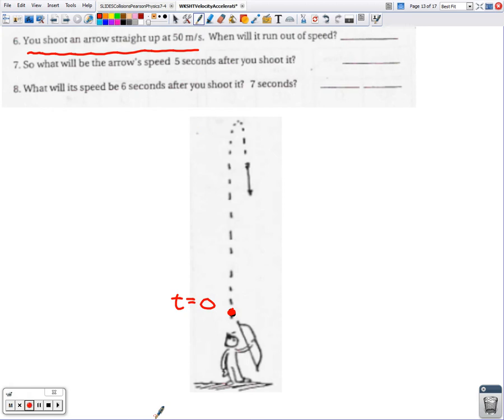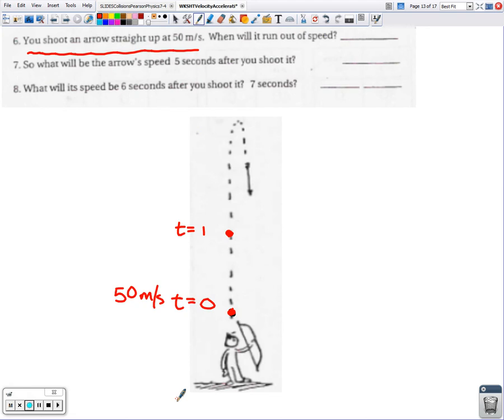Gravity. It tells you in the problem that here we're going 50 meters per second. This is 1 second after you shot the arrow.